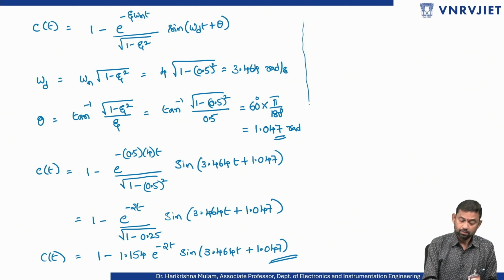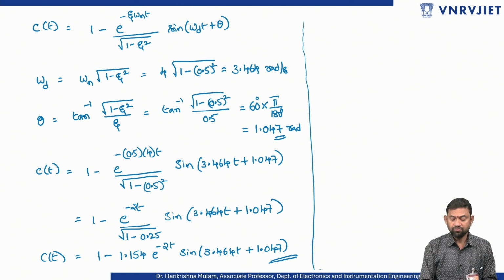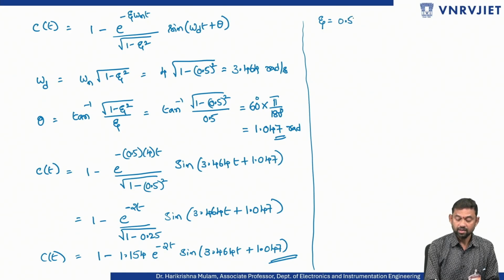Then we can find all the time domain specifications of the system if you know the zeta and omega n values. Zeta value is 0.5, omega n value is equal to 4 radians per second. If you know these two values, you can find all the time domain specifications.